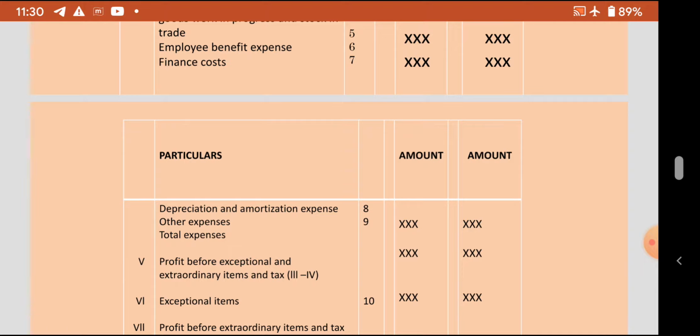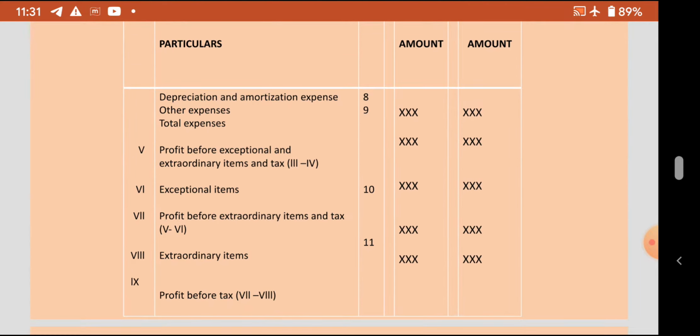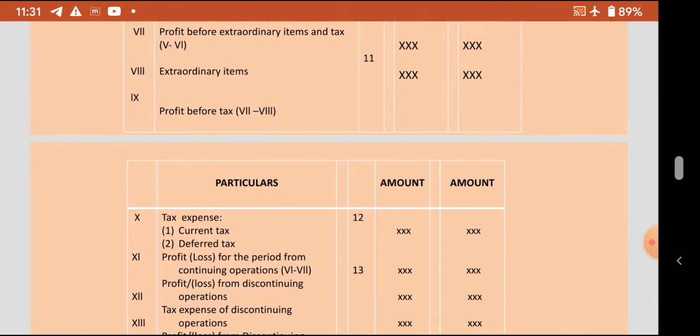From the incomes, when we deduct the total expenses, we get profit before exceptional and extraordinary items and tax. And from here we deduct exceptional items. The balancing figure we get is profit before extraordinary items and tax, and from there we deduct extraordinary items, and after that we deduct tax expenses.